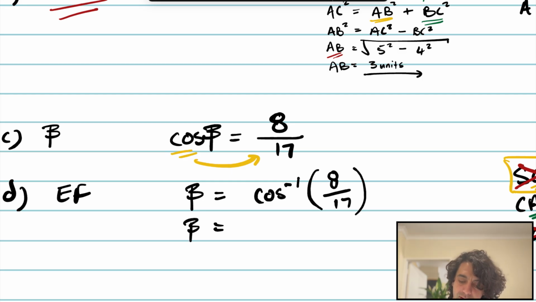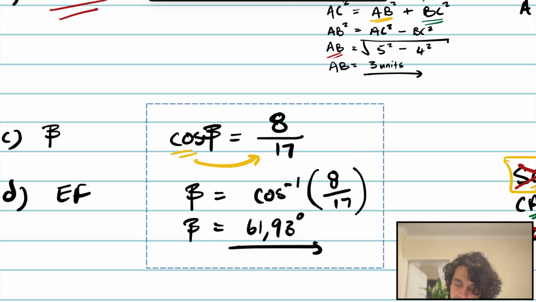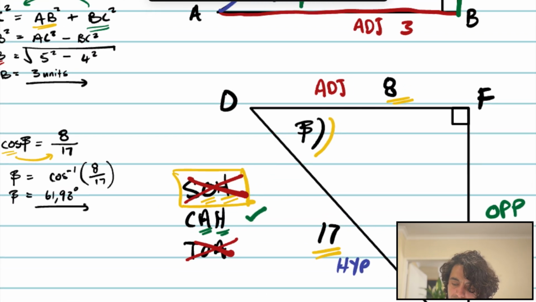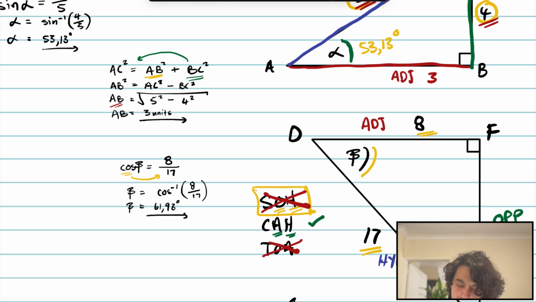Type that in your calculator by pressing Shift cos, 8 over 17. Okay, and what we get is 61,93 degrees. So now I know what beta is. I know what this angle is. This angle over here is 61,93 degrees after rounding off, of course.